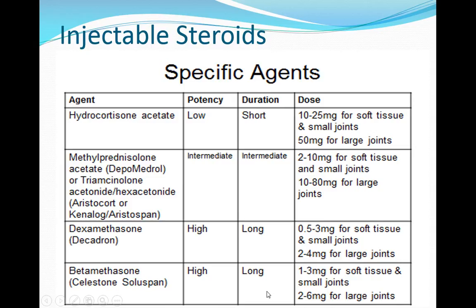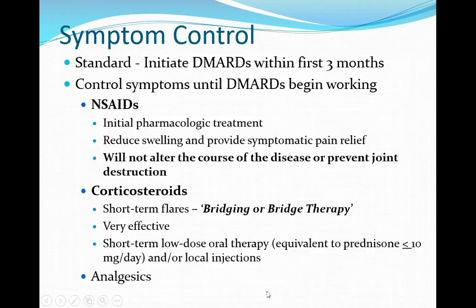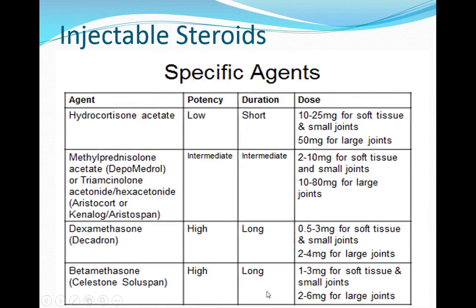We typically don't like to give more than several injections per year, and most of the times we wait at least 3 to 4 months before giving another steroid injection into that joint. So this again is just to provide symptom control because that patient is in severe pain and they're having a flare. And we could inject it into more than one joint.